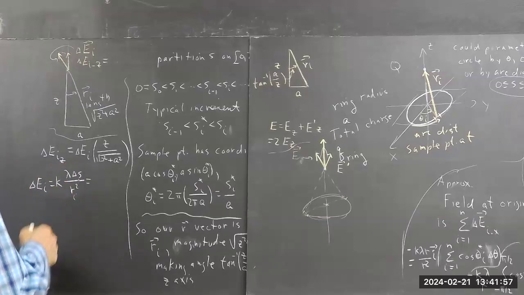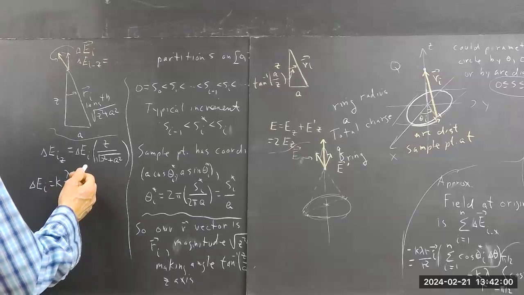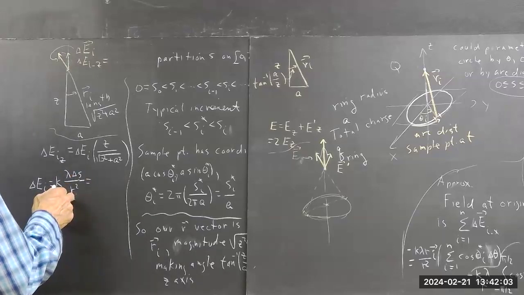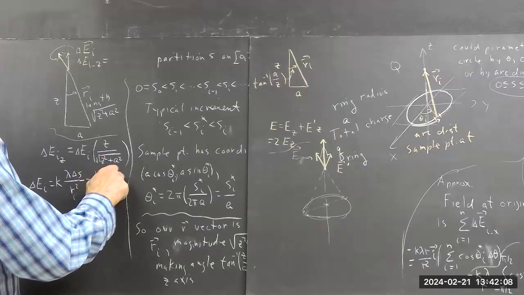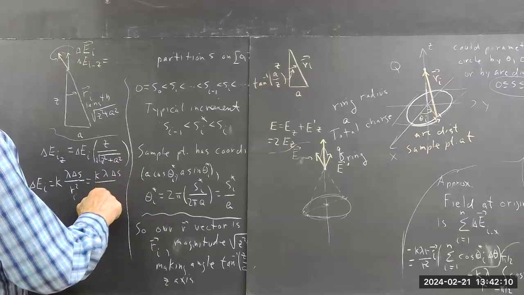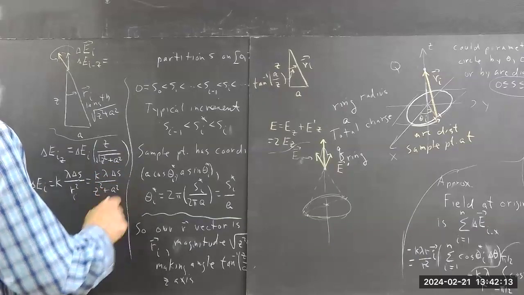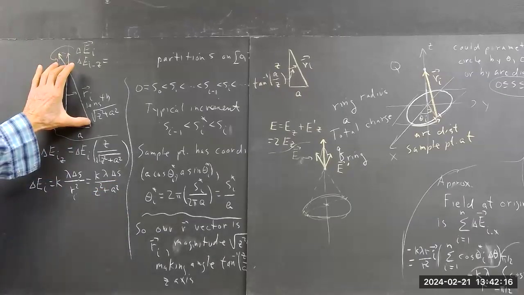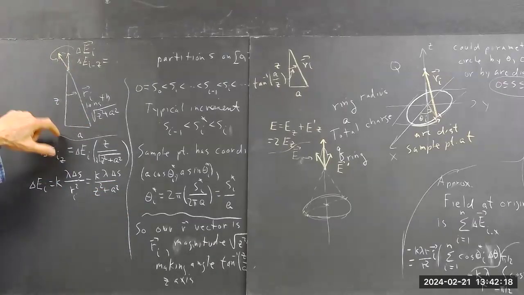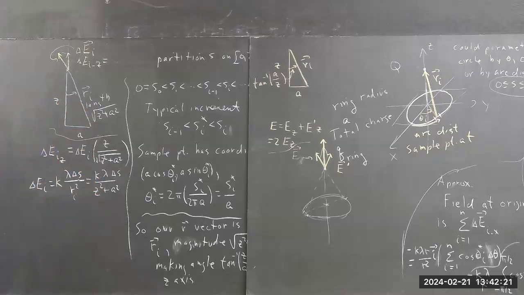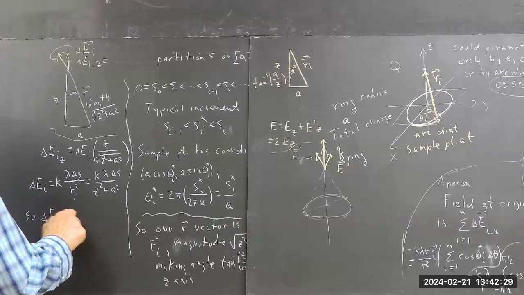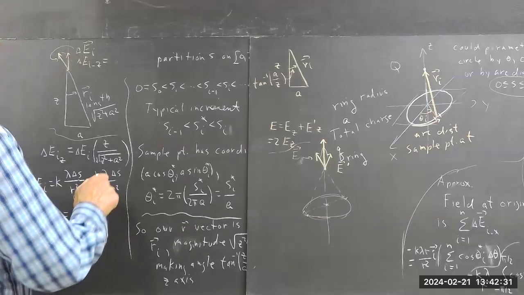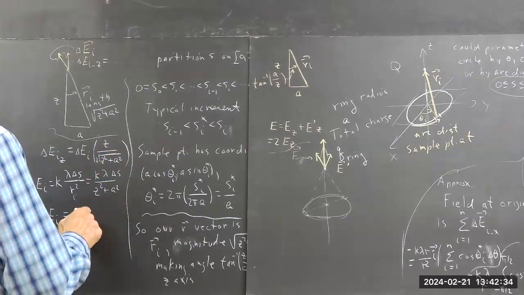And you simply write that R i squared is Z squared plus A squared, because right there is R i, and there are two legs of the triangle. The Z component of delta E i is this times Z over that square root.